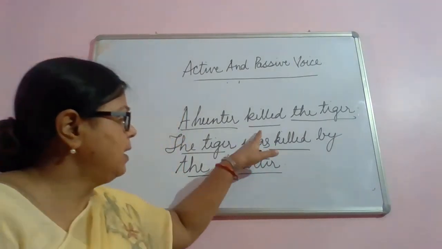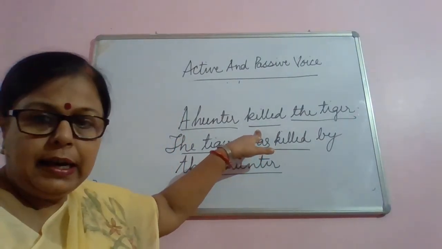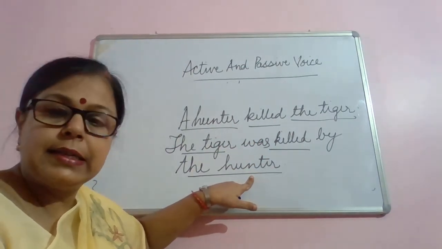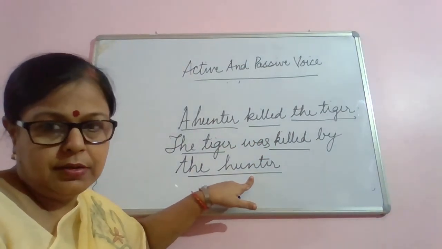So here the hunter is directly killing the tiger, and here the hunter is indirectly involved in the action.